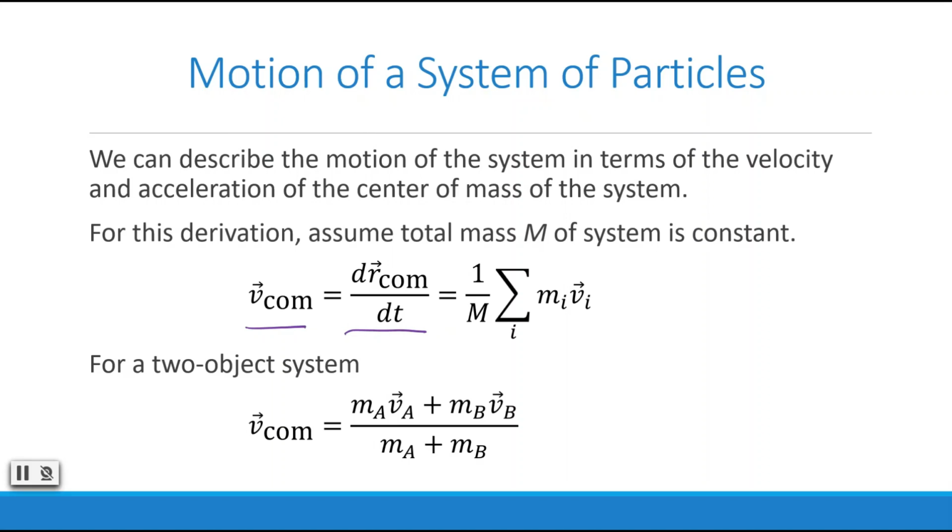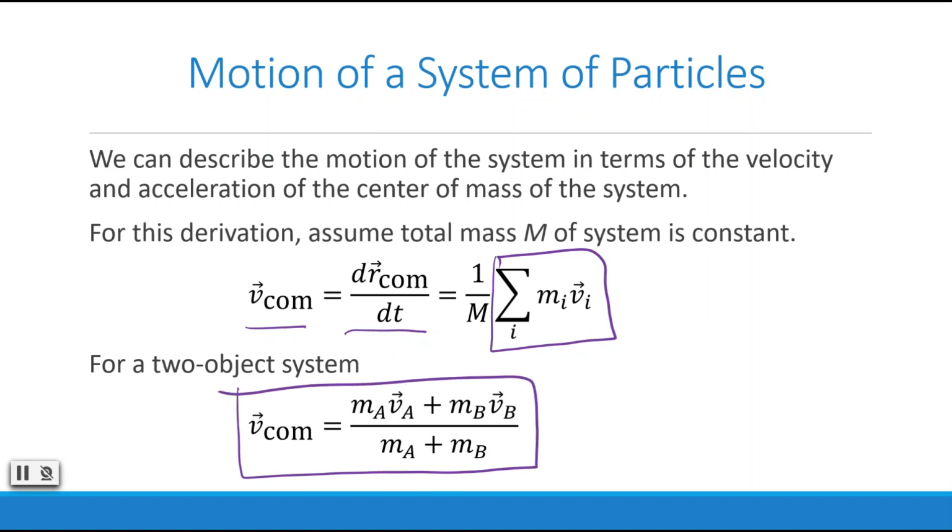So when you take that definition of the position of the center of mass, the 1 over m is a constant. And then basically you add up, instead of the m_i x_i, it's just the m_i v_i. So if you have a 2-object system, objects say A and B, the velocity of the center of mass is going to be m_A v_A plus m_B v_B over the total mass.